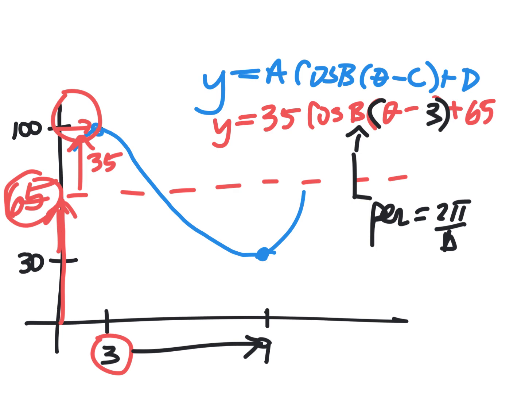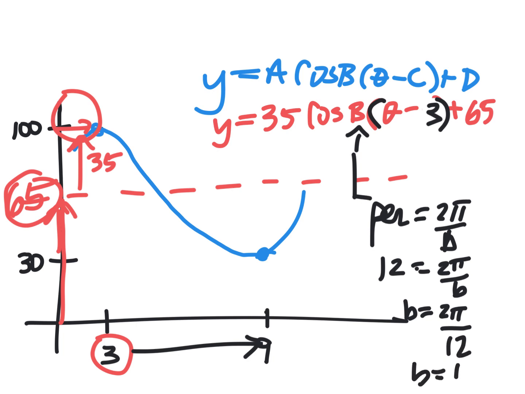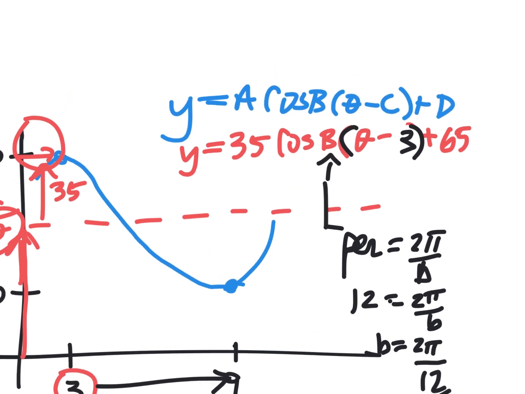That's only from the peak to the trough. So I've got to double that 6 and make it 12. So the period's 12. So I say 12 equals 2 pi over B. So then B equals 2 pi over 12. And that means B equals pi over 6. And so B was pi over 6.